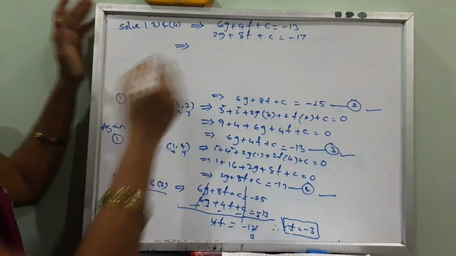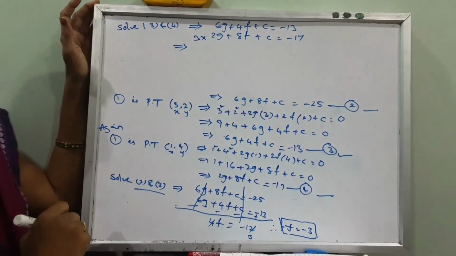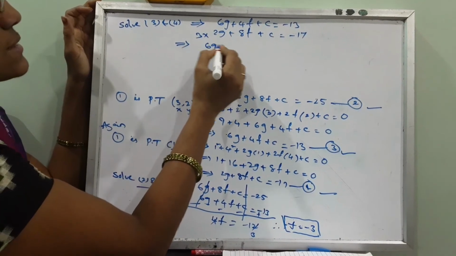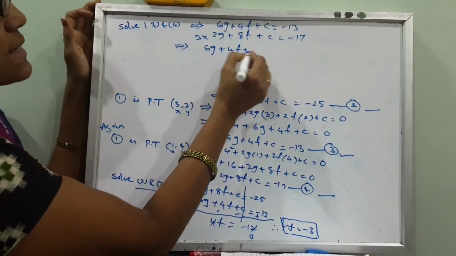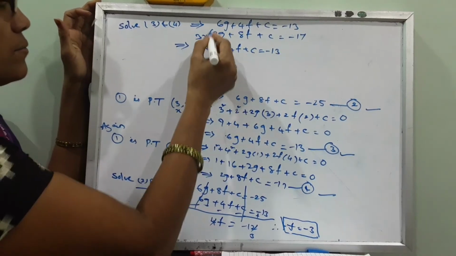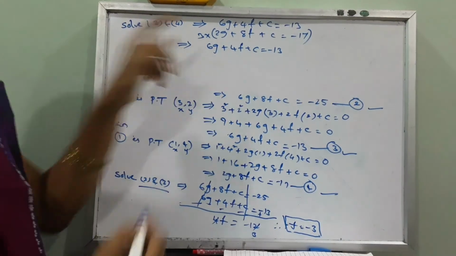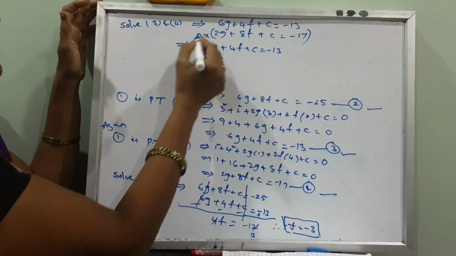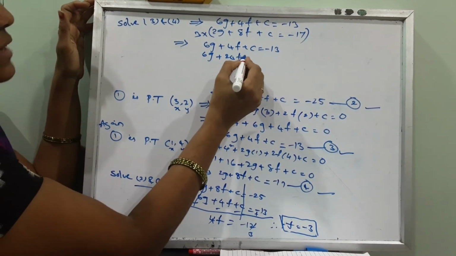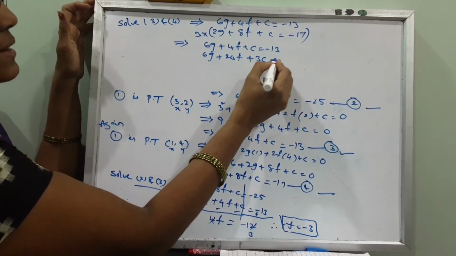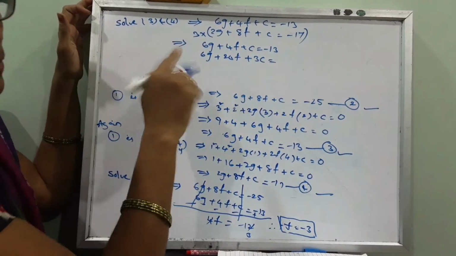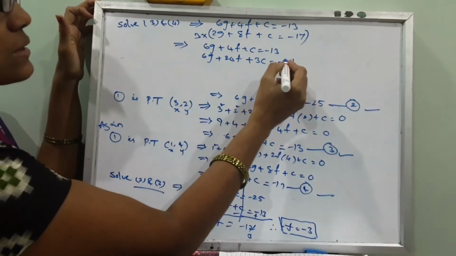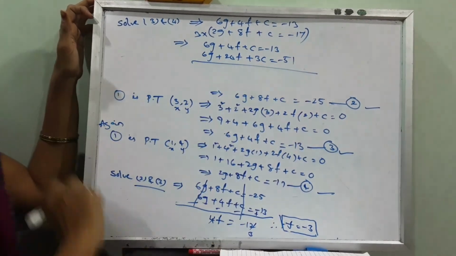Here multiply by 3. Now 6g plus 4f plus c is equal to minus 13. 3 into 2 is 6g, 3 eights are 24f plus 3c is equal to minus 17 into 3, 3 sevens are 21, 3 into 3 is minus 51.